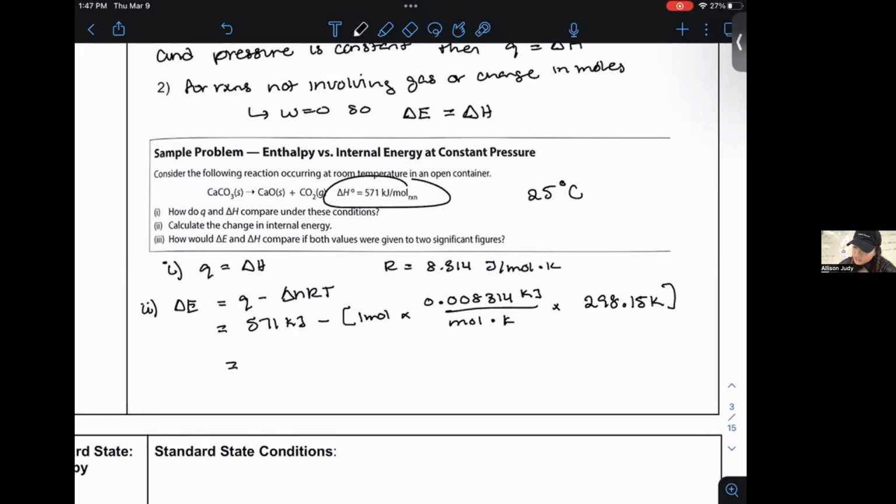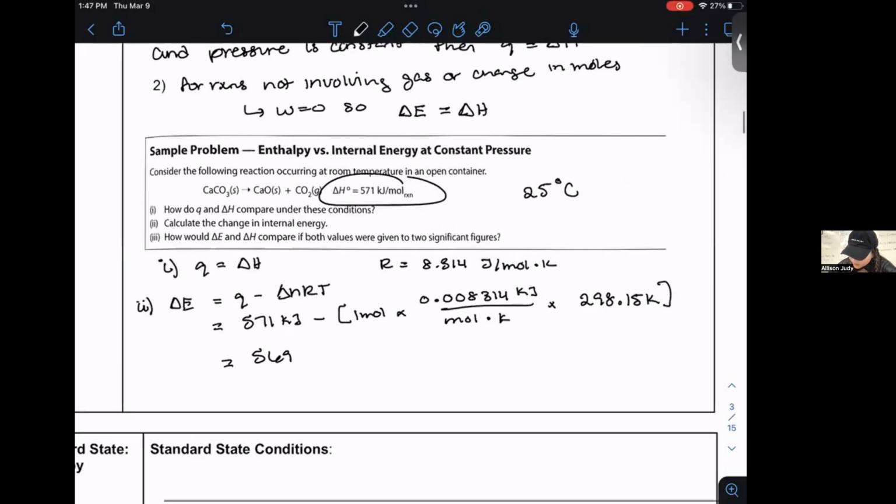And we would then get that this is equal to 569 kilojoules per mole.